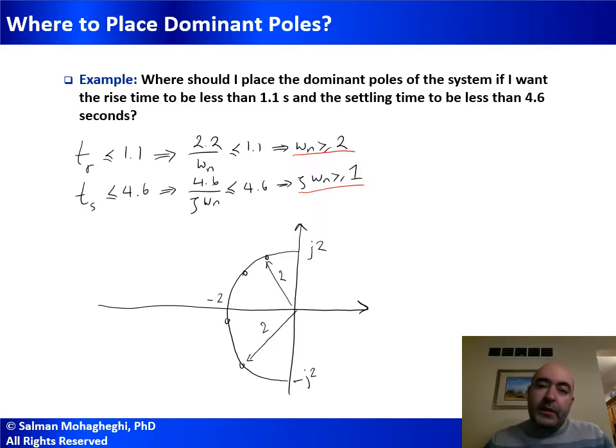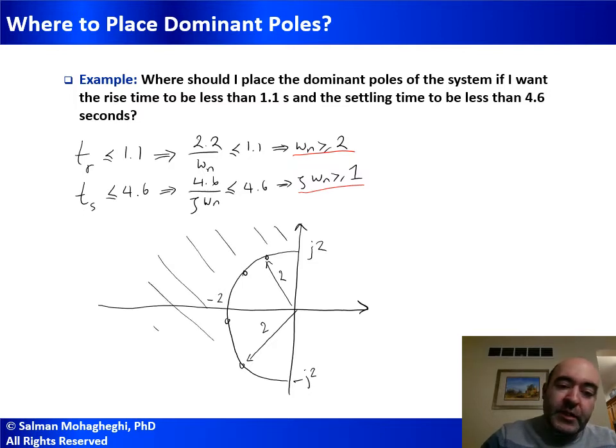So all the poles on that half circle, if I place my dominant poles there, will give me a rise time of exactly 1.1 second. Since I want a rise time less than 1.1 second, I need a distance larger than 2. That means I have to look into the outer side of that half circle, so it's pretty much anywhere outside of this half circle.